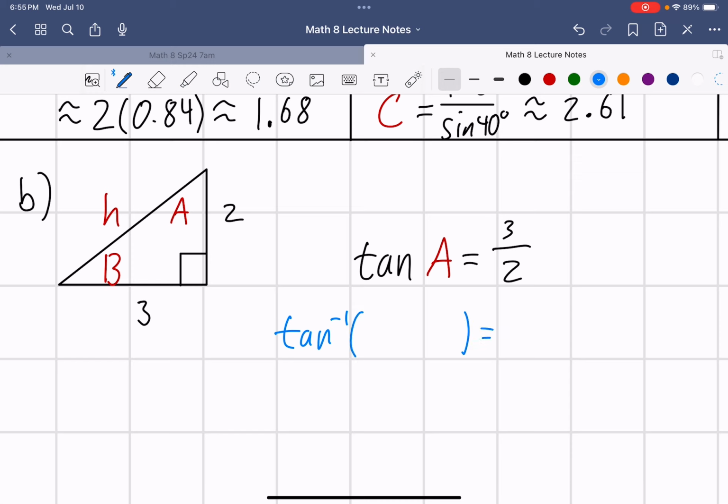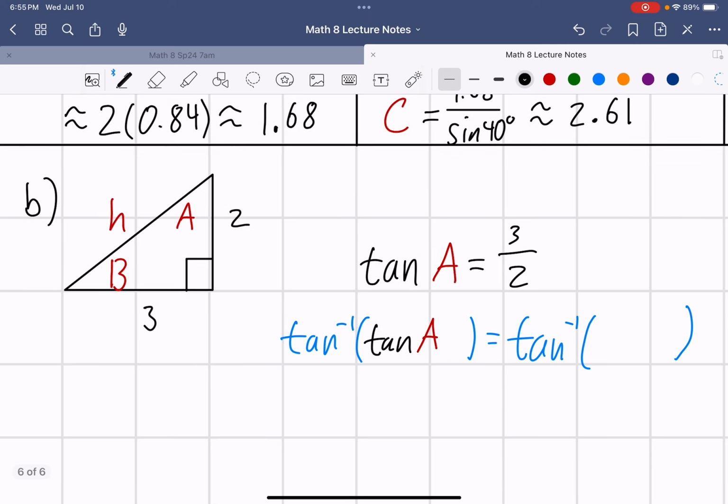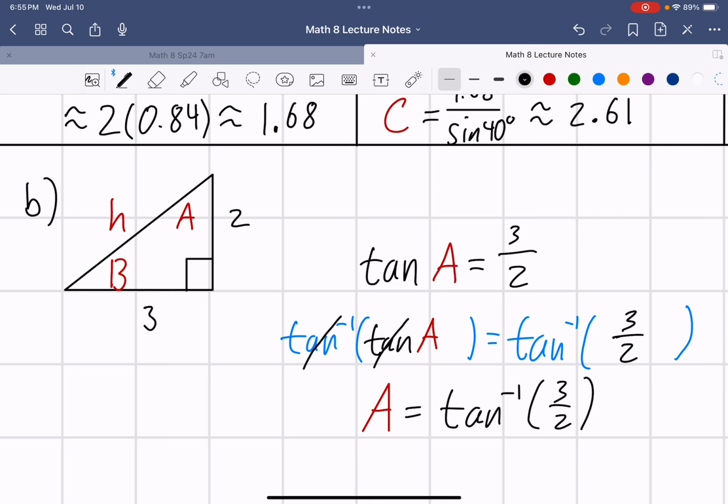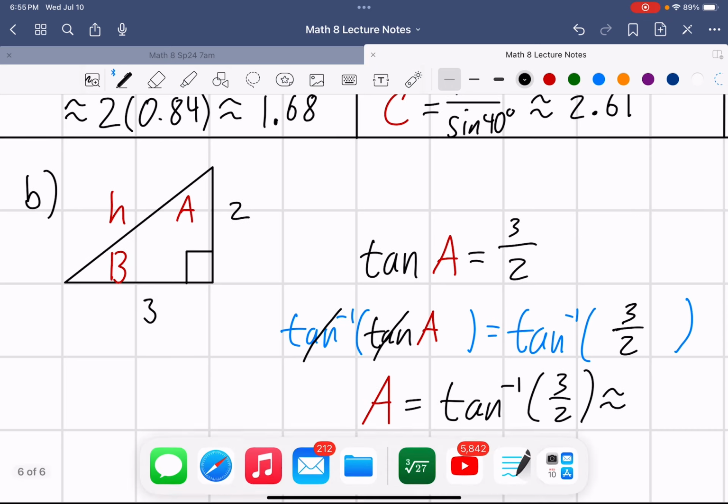So I take tangent inverse on both sides. That gives me A, and then 3 over 2. The cancellation property. Then I have A is equal to tangent inverse of 3 over 2. And this is going to be an approximation.